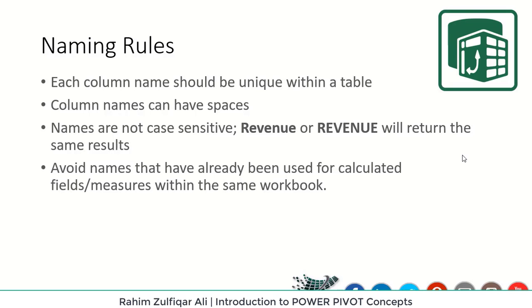Avoid names that have already been used for calculated fields and measures within the same workbook, because it will create trouble for you if you use the same names of fields from different tables. You will have trouble later on when the data sets are large and there are a lot of columns. So make sure that once you have defined a name for that particular measure, you should not be using the same one for a different table.